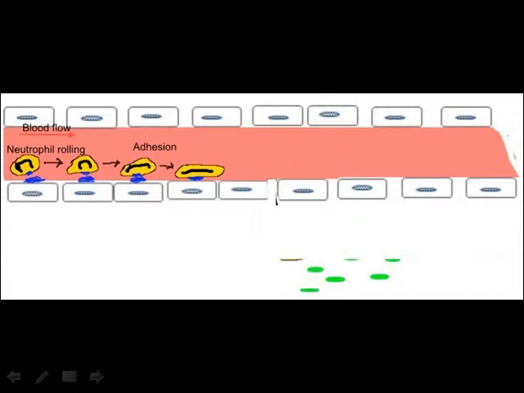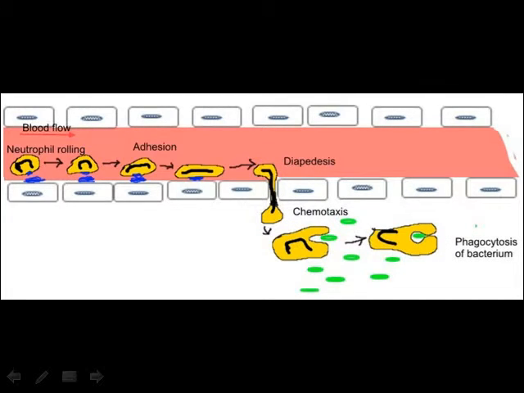And the effect of that is to slow the rolling progress of the neutrophil down, and that also results in the neutrophil beginning to flatten. Once the neutrophil has slowed right down, then they're able to ooze through the opened up spaces between the cells making up the blood vessel wall. It's a process called diapedesis.